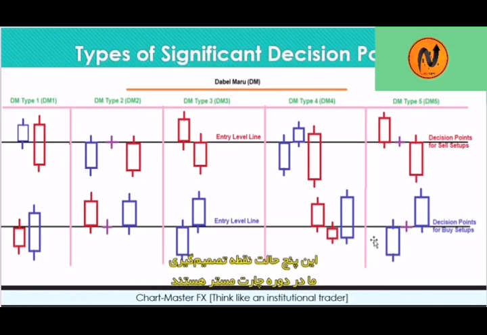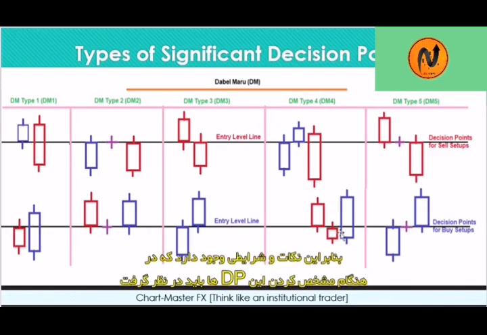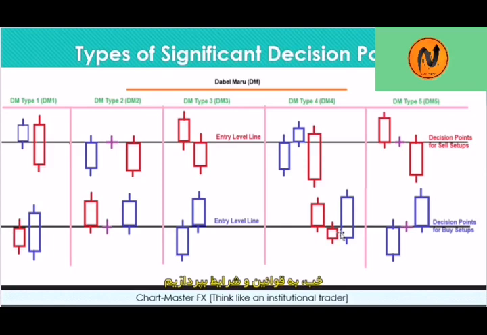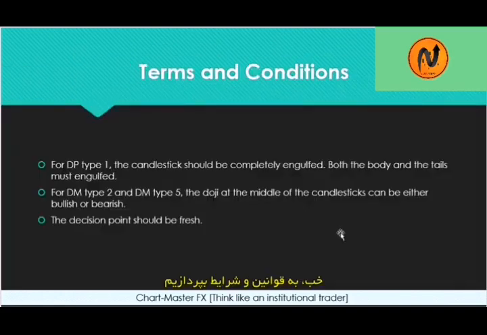So you also have to take note that as you are spotting these decision points, the characteristics or the terms and conditions are met. So these are some of the terms and conditions that you need to look at as you are spotting these decision points on the live market. So guys, let's go to the terms and conditions.